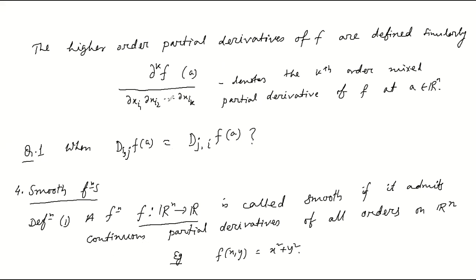That is, for every k, the mixed partial derivatives will exist on Rn, and each is a function from Rn to R, and that should be continuous. So that is the notion of continuous partial derivatives: partial derivatives exist and they are continuous on the domain.